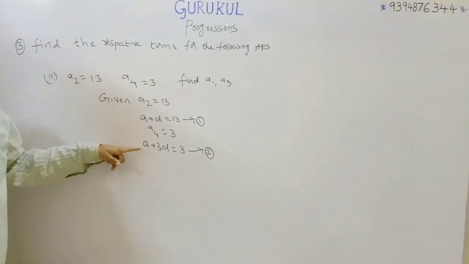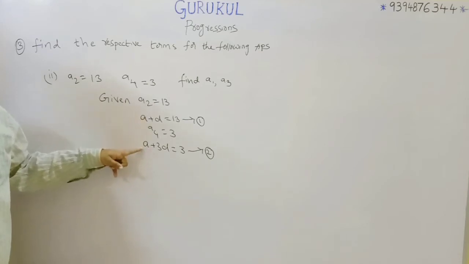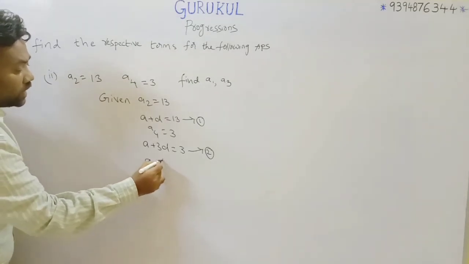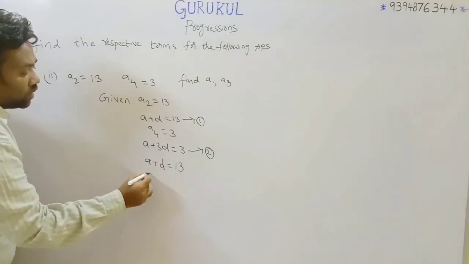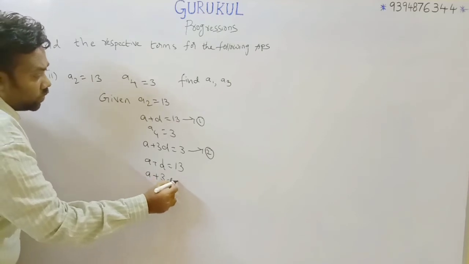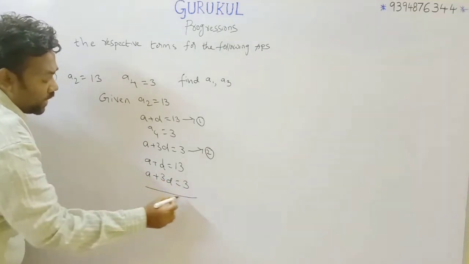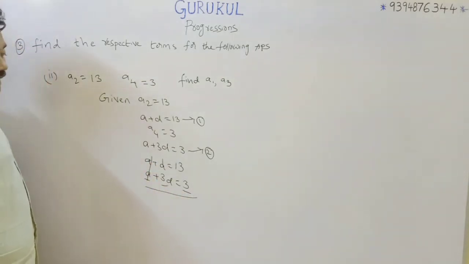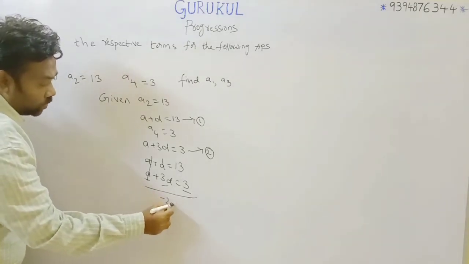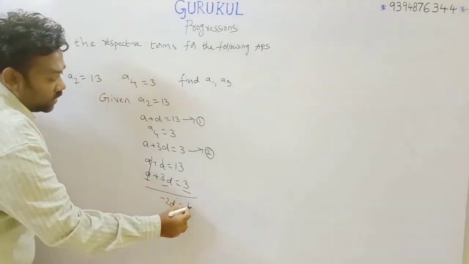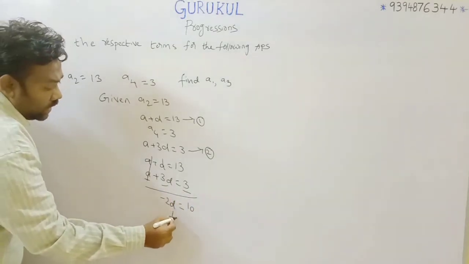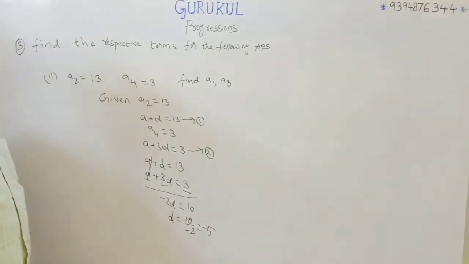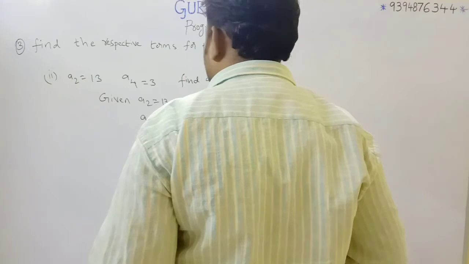So you subtract 1 minus 2. The a term is cancelled, leaving the d value. a plus d equals 13, a plus 3d equals 3. Subtract, sign change. Plus a minus a cancel. d minus 3d is minus 2d. 13 minus 3, 10. d equals 10 by minus 2 equals minus 5. So the d value is minus 5.